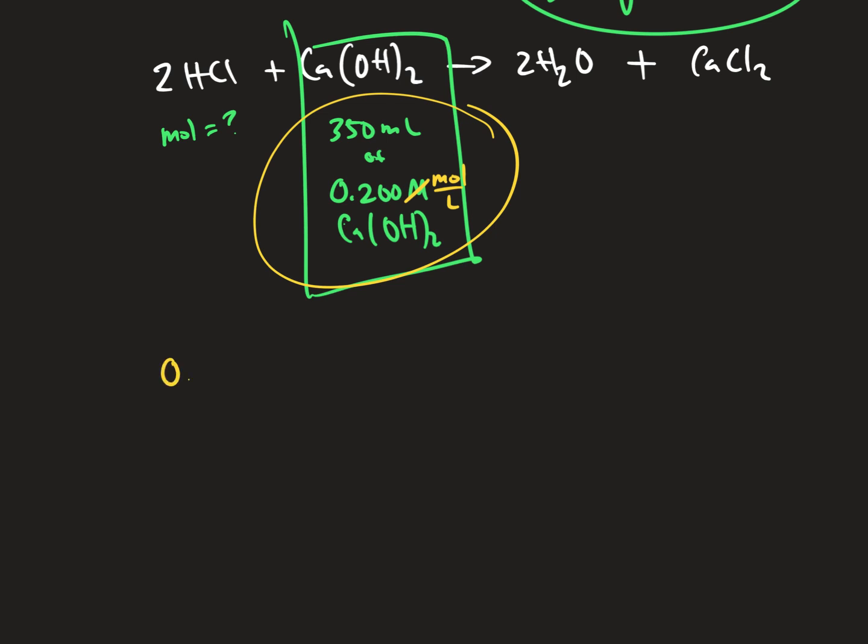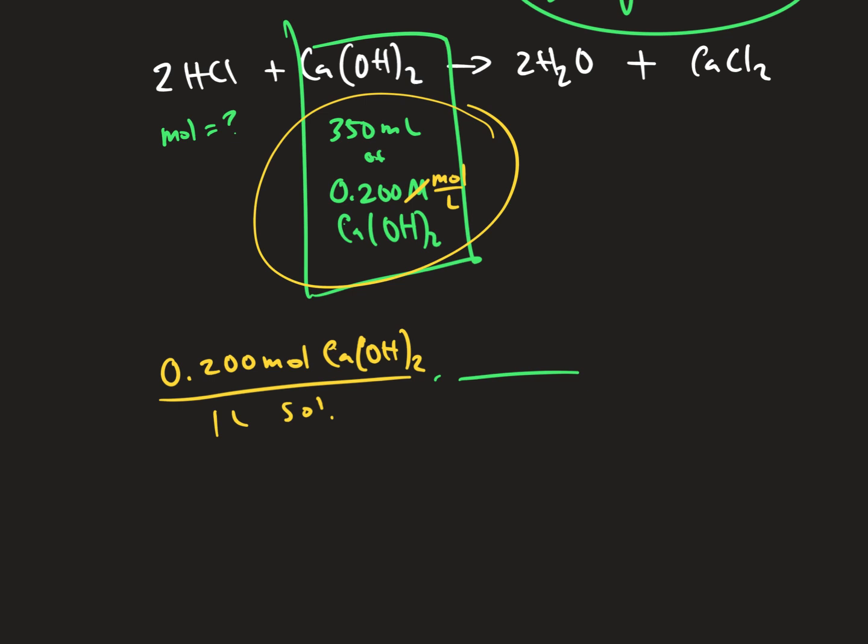0.200 moles of calcium hydroxide to 1 liter of solution. Now we have moles on top. That's where we want it, so we're not going to do anything with that. But we want to get rid of liters. What should we convert it to?